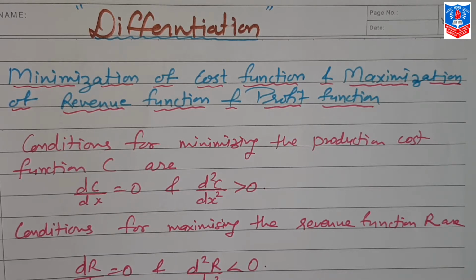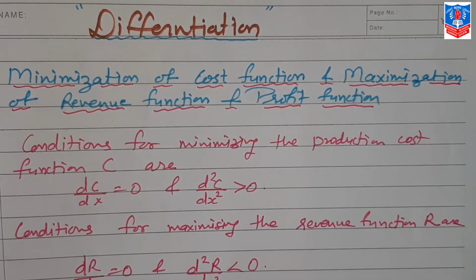We know that the production cost C or revenue R by selling produced items and profit P can be represented as functions of x. So using the derivatives, we can decide when it will be maximum or minimum.